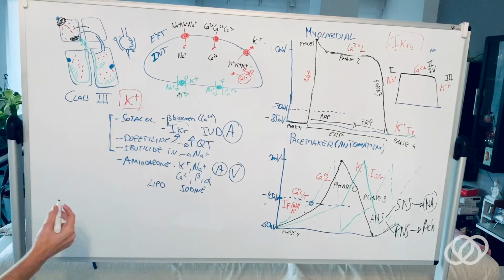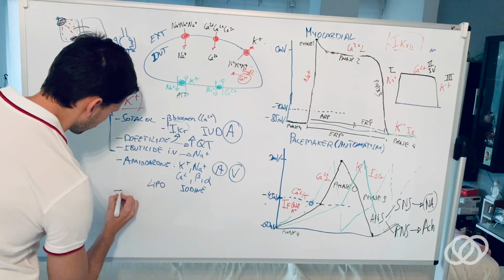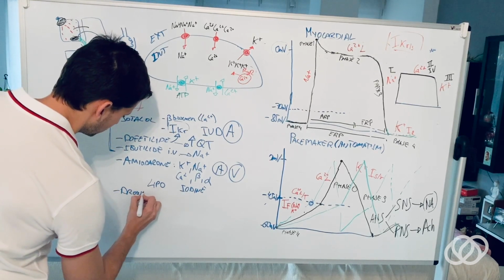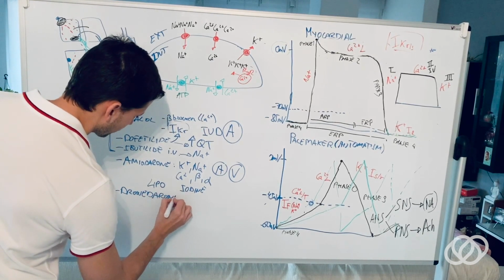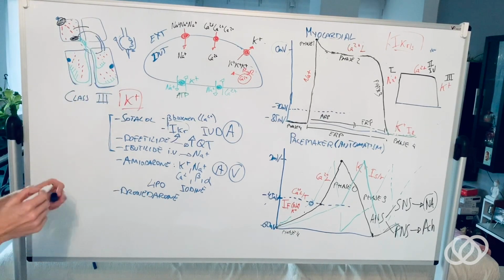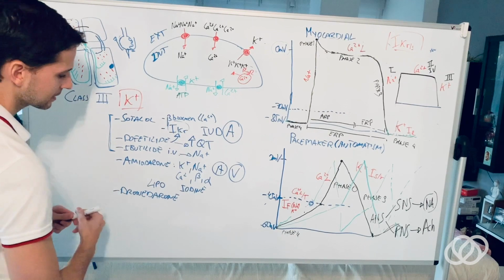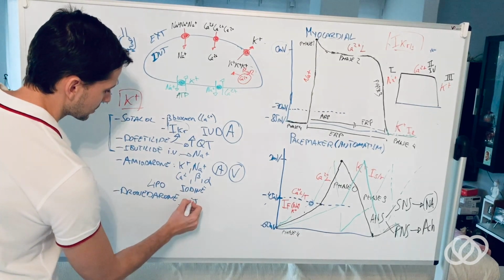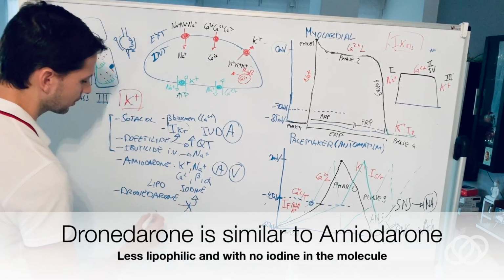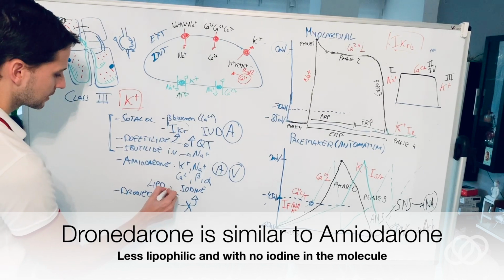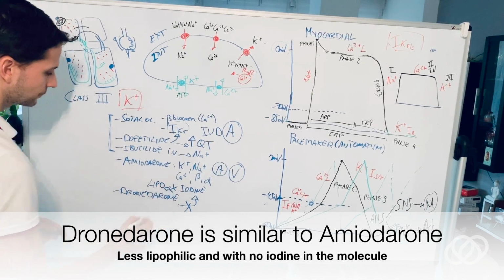We have another similar drug that is called dronedarone, that is pretty similar to amiodarone and tries to act on the same things, but it doesn't have iodine in the molecule, and is also less lipophilic.